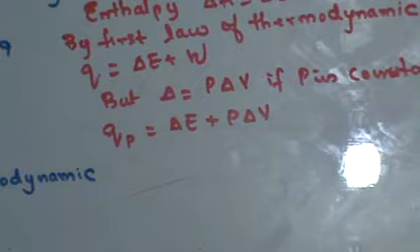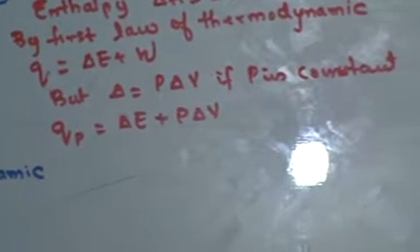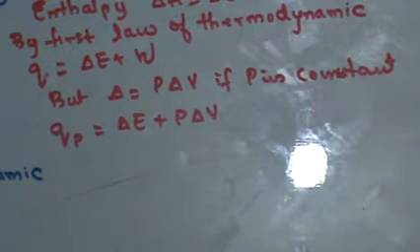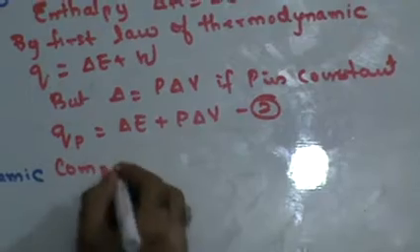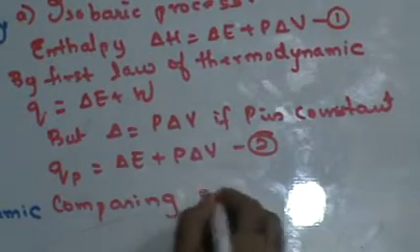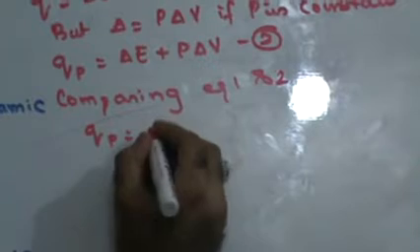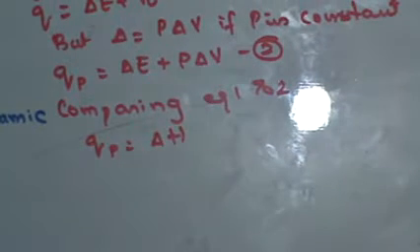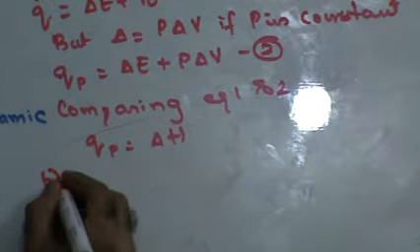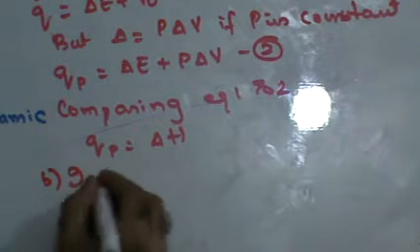Delta H is also delta E plus P delta V. QP is also equal to delta E plus P delta V. Therefore, comparing equation 1 and 2, I can say that QP, heat at constant pressure, is equal to the enthalpy. Right? Next, let us consider an isochoric process.